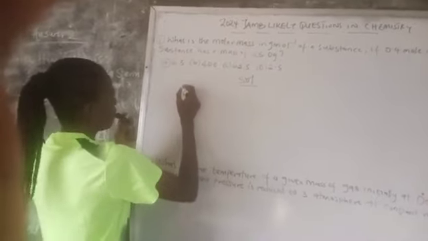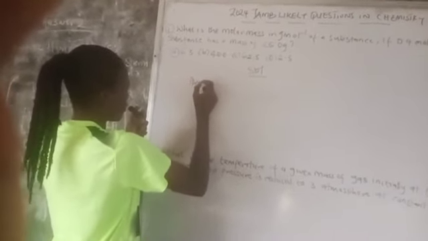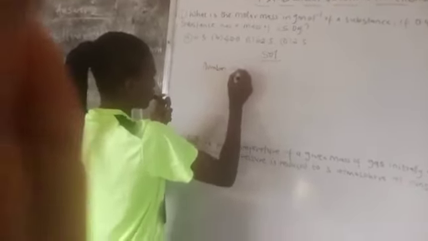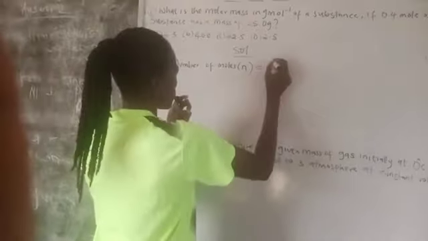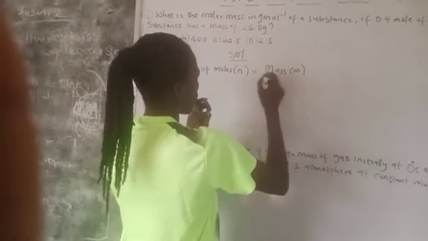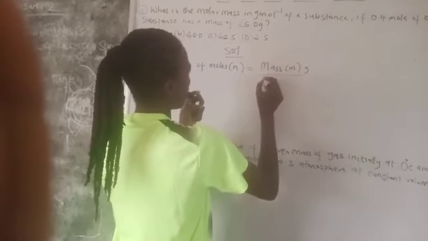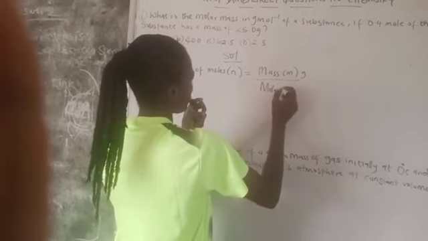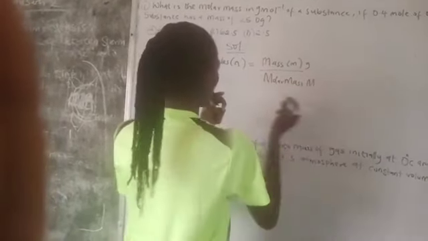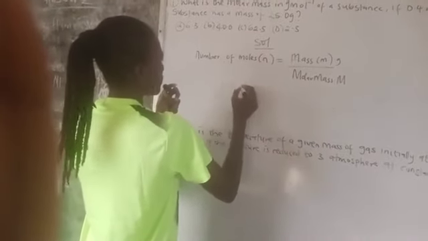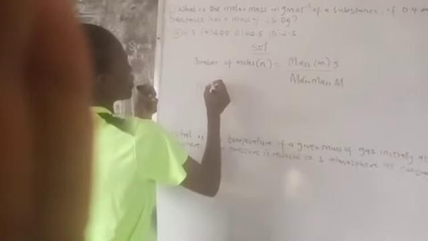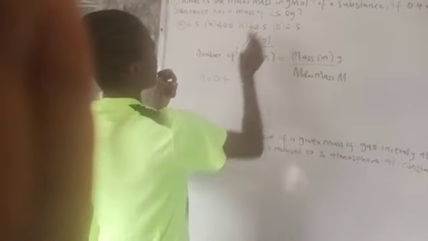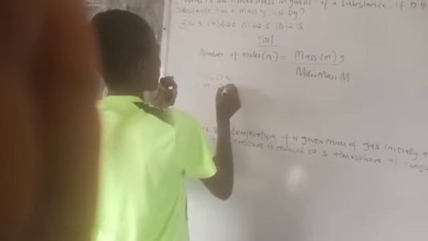We said the number of moles, otherwise represented as N, is equal to mass, that's small m, measured in grams, over molar mass, that's big M. So we have to look for the molar mass. Our number of moles is 0.4, and our mass given was 25.0 grams.